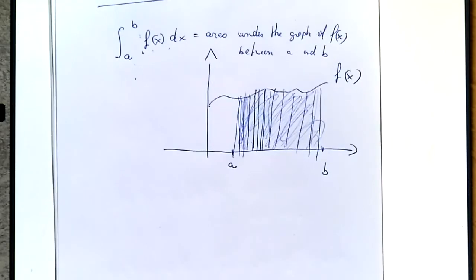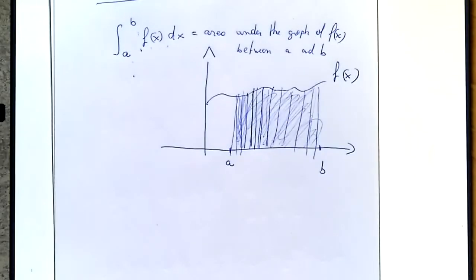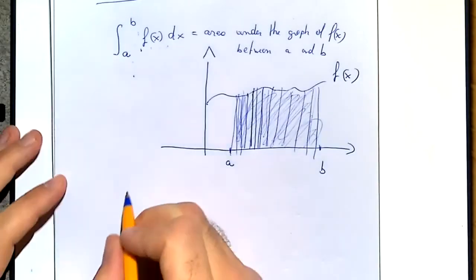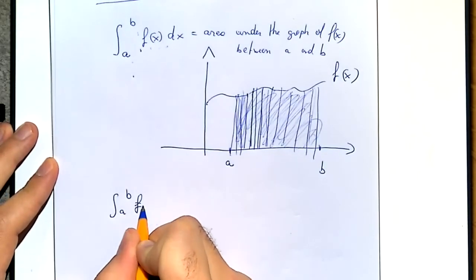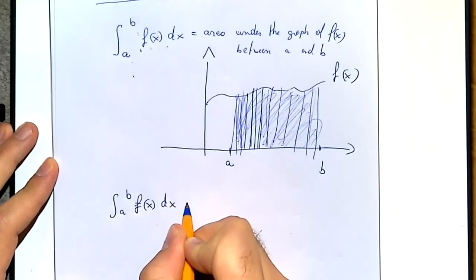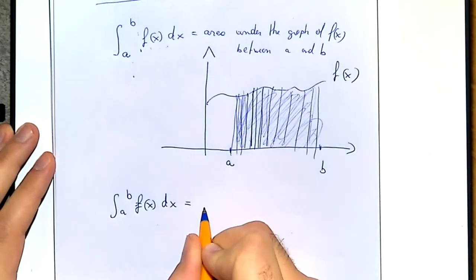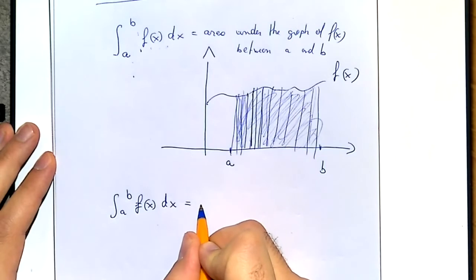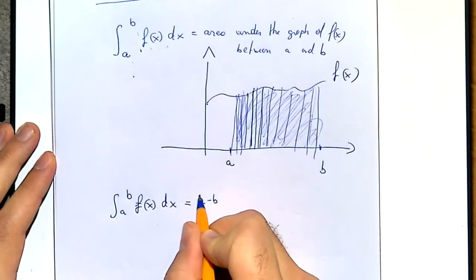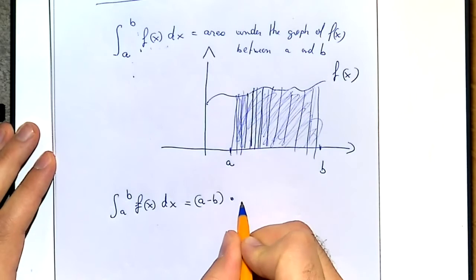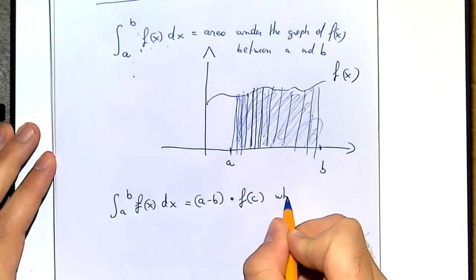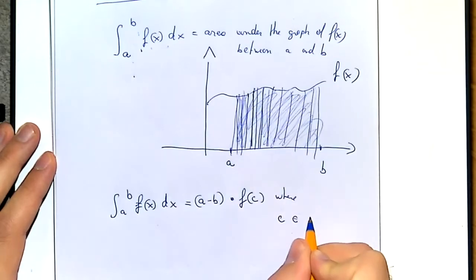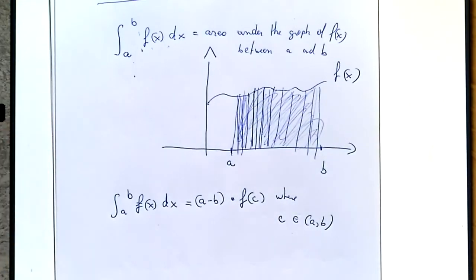So the idea is that, as I said, I'm adding over all of them, right? So the intermediate value theorem says that this integral of f of x dx is equal to b minus a multiplied by an f of c, where c is inside the interval a and b.